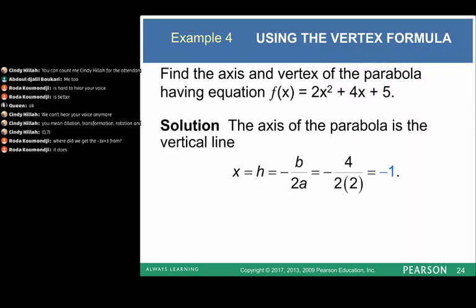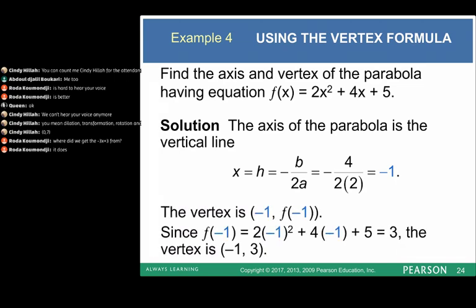We got our negative 1 and we got our 3. So the axis, again, is just the x coordinate of the vertex, x equals negative 1. And then for the y coordinate of the vertex, just plug the x value into f.